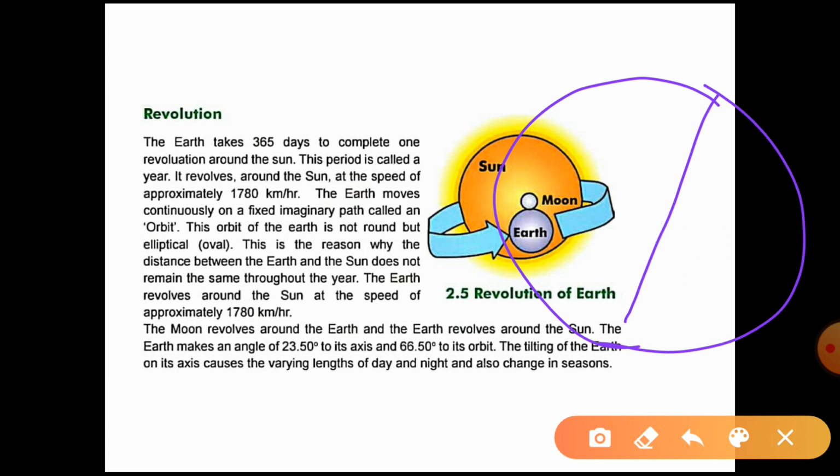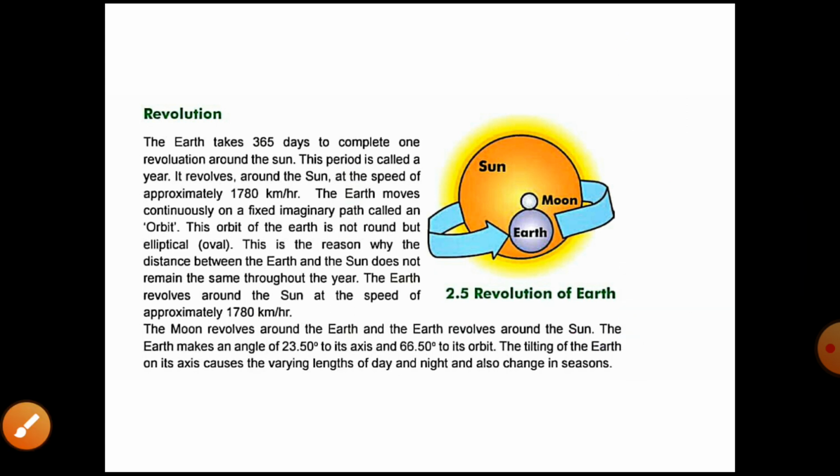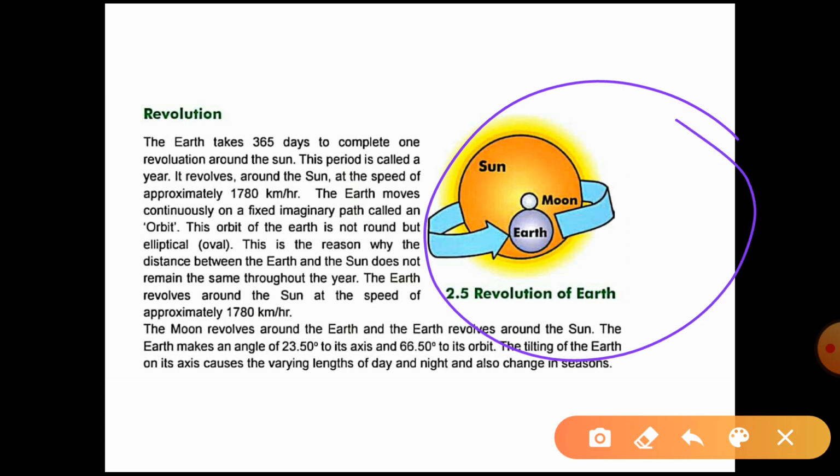Here it will make around 23.5 degrees with the help of this axis, and 66.5 degrees to its orbit. Orbit means which one? This one, the elliptical orbit.